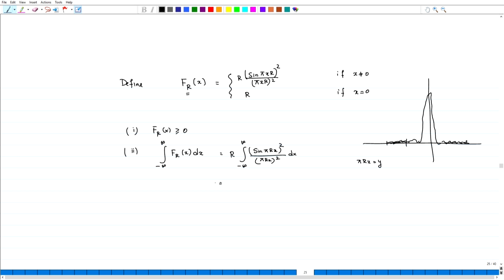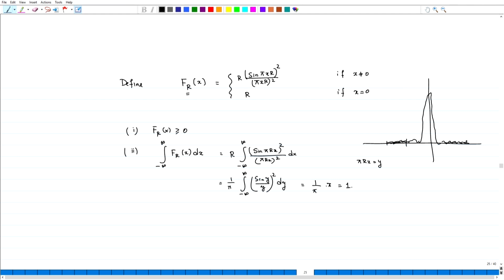Therefore, this is 1 over pi times the integral from minus infinity to infinity of (sin y by y) squared dy. And we know the value of this is pi. So, this is equal to 1.